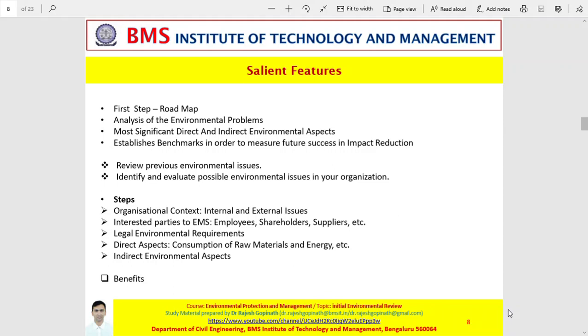Now, let us start with the first step, that is determining the organizational context, that is the internal and external issues that might positively or negatively affect the environmental management. This includes the influence of environmental issues such as climate, air quality, water quality, natural resource availability and biodiversity on your futuristic EMS.